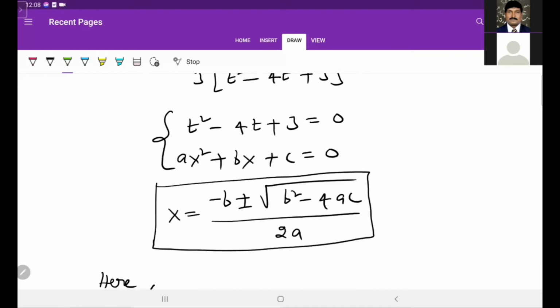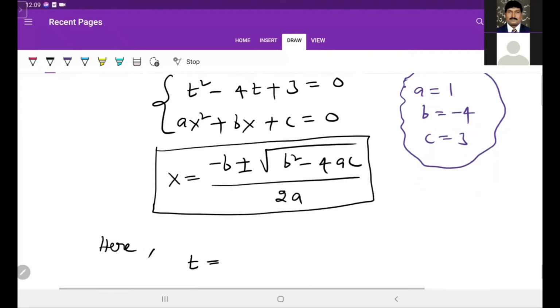After comparing, a value is 1, b value is minus 4, c value is 3.